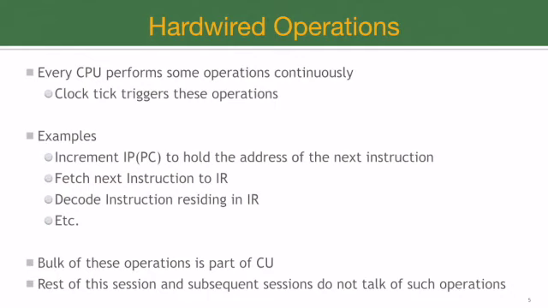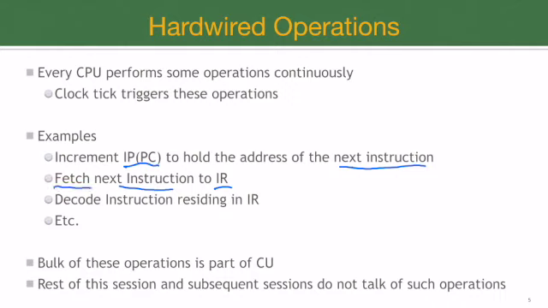The examples of these operations are incrementation of a program counter, PC. The instruction pointer gets incremented at every clock tick. So that happens automatically. No specific instruction is required for the IP to increment to the next address. Similarly, the RAM address of the instruction needs to be fetched into another type of register called IR, or instruction register.